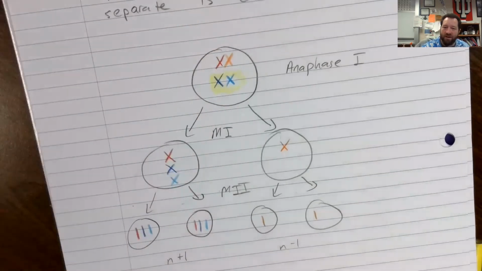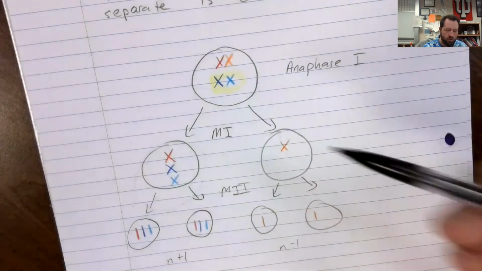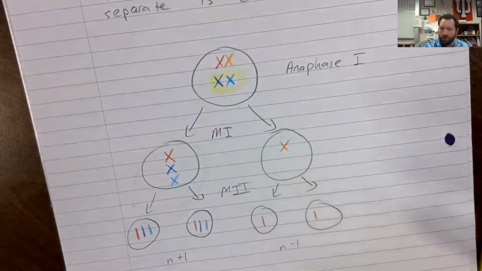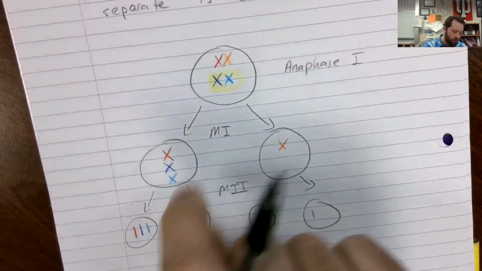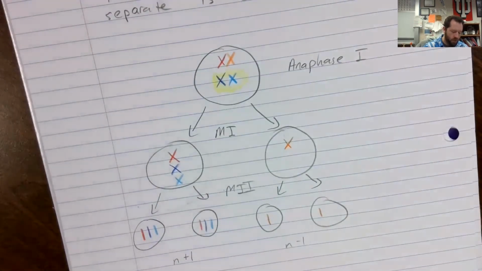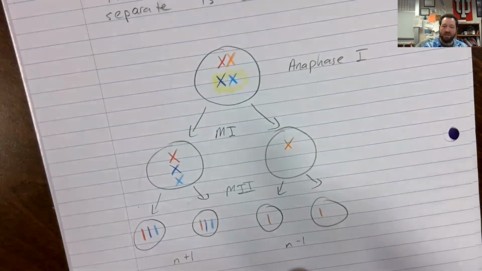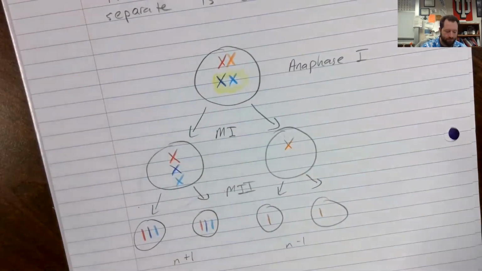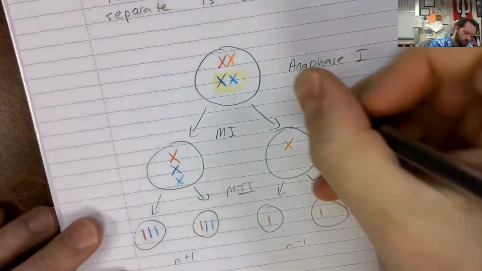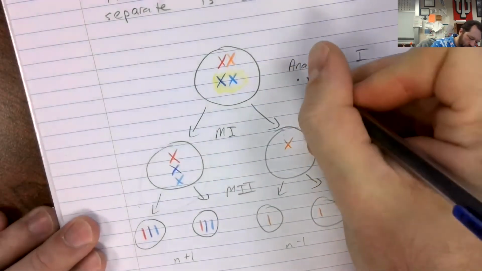So again, we're looking at our cell. The cell we just diagrammed, our N number was 2. They have two unique chromosomes, the red chromosome and the blue chromosome. And of course, they're diploid. They have a pair of each, a pair of the blue chromosome and a pair of the red chromosome. But when we come down here to the gametes, because non-disjunction occurred during anaphase 1, the homologous chromosomes failed to separate.